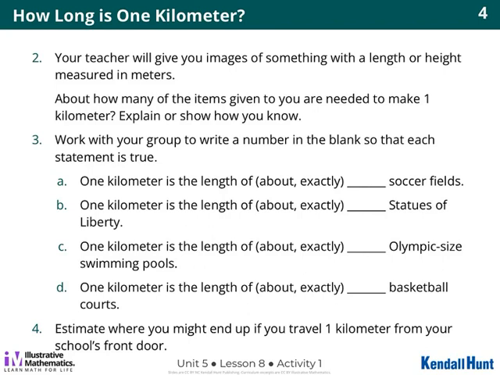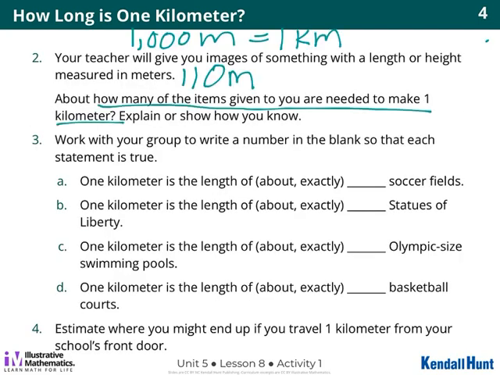So you're going to have one of each of these, and you're going to use those to reason about your answers. And number 4, you're just kind of thinking of that: where would you wind up if you were a kilometer from our school's front door? You're going to have to talk with your partner, and then we share.